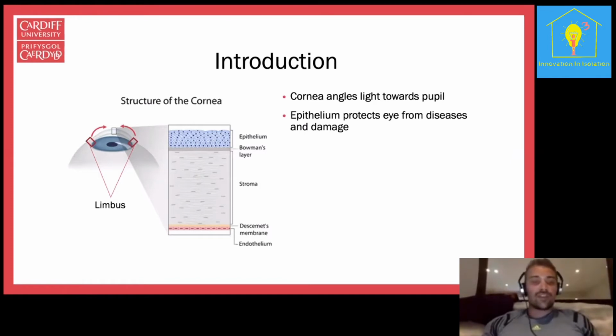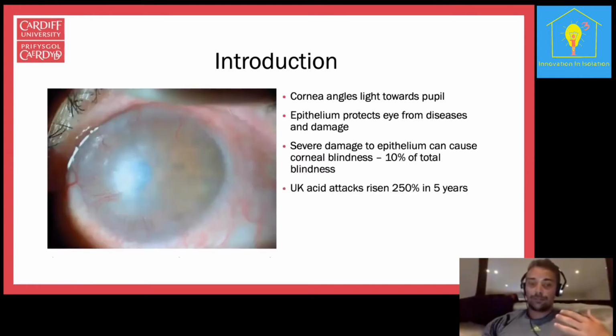If you ever get damage to your epithelium, and particularly in this limbus region, then you will lose the stem cells that regenerate this epithelial layer. I'm not sure when the kind of gory picture is going to come up, but if you're squeamish, I recommend you look away in the next couple of seconds. If you get damage to your limbus, you can get what's called conjunctivalization, where the whites of your eye, the sclera or the conjunctiva, will grow over the cornea, and you lose that clear structure, and light can't pass through, and you lose your vision.